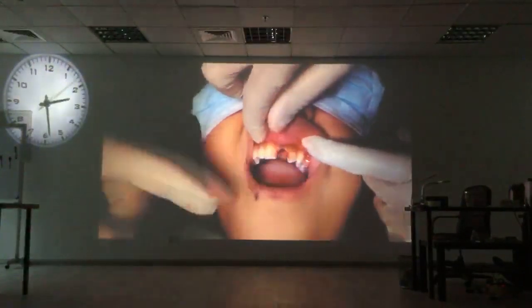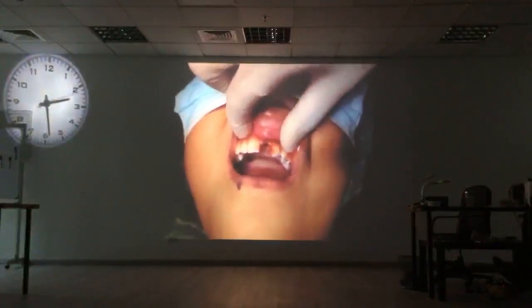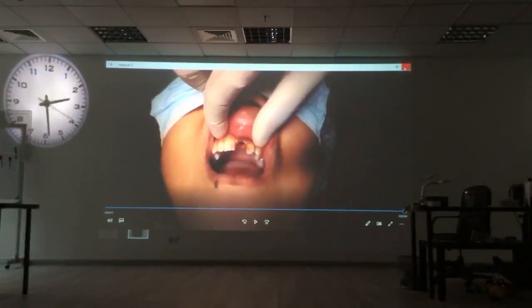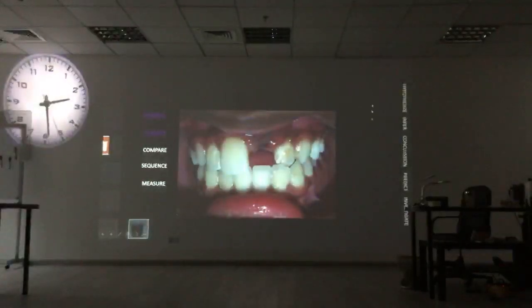You want the graft at the bone level. You don't want the new bone graft material to exceed above the bone level. Otherwise, it's very difficult for the soft tissue to come and close it.